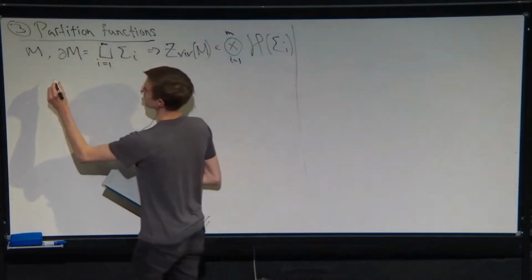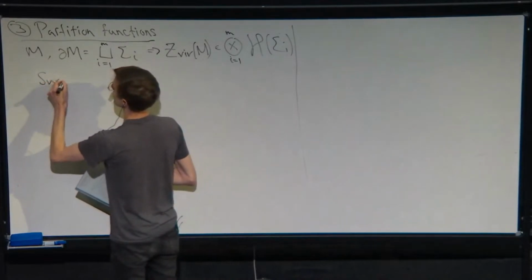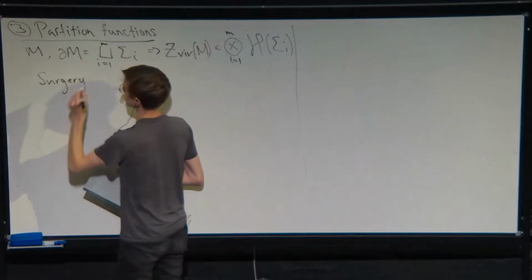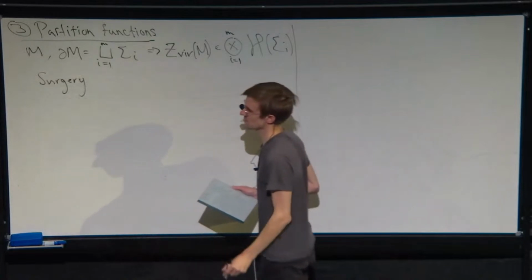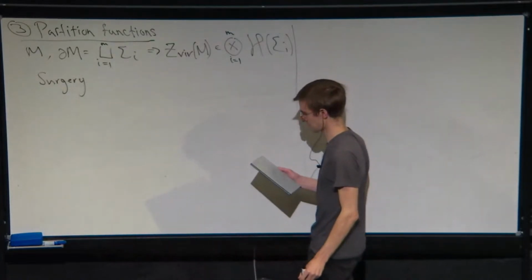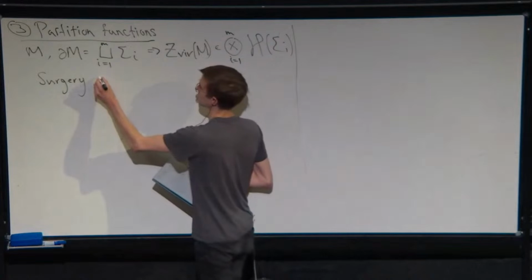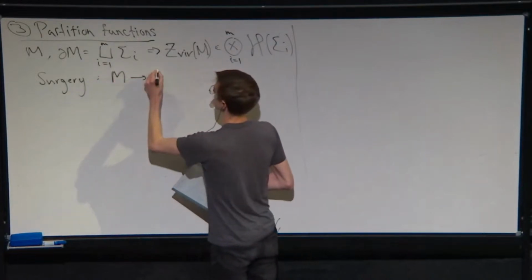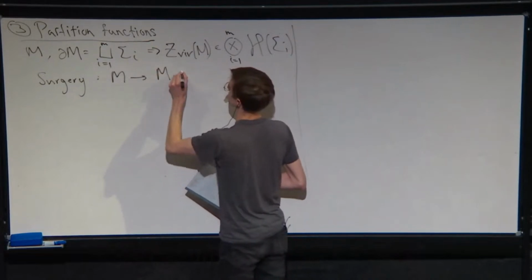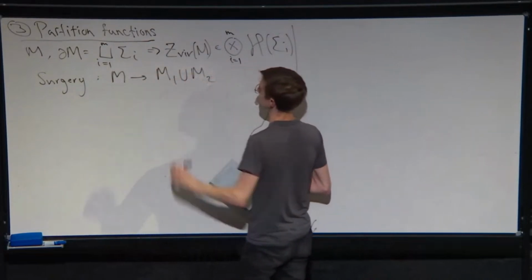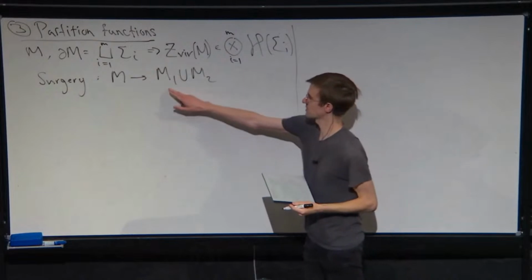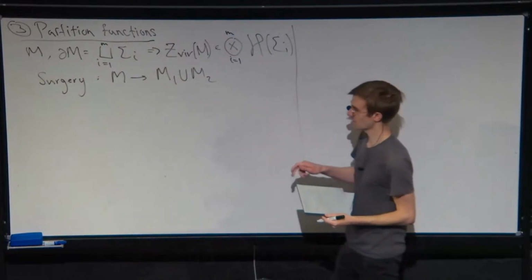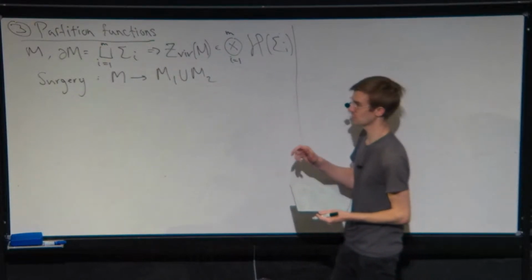So in practice, how do we compute these? The main technique, as Witten taught us for Chern-Simons theory, for example, is surgery. So take your manifold M and cut it along some surface in the bulk. So now you have two pieces. You split M into two pieces, M1 and M2. By doing the cutting through the bulk, you introduce a new boundary.